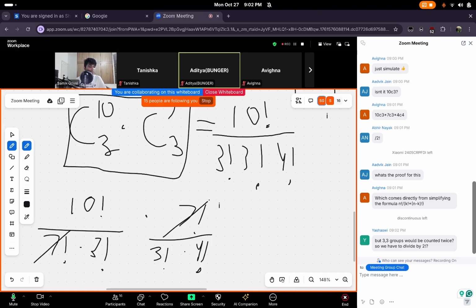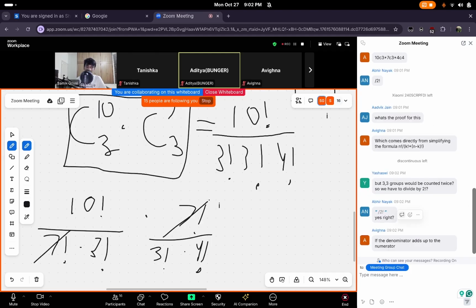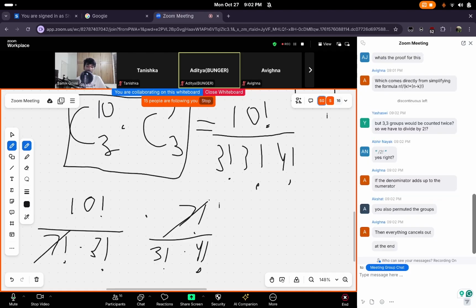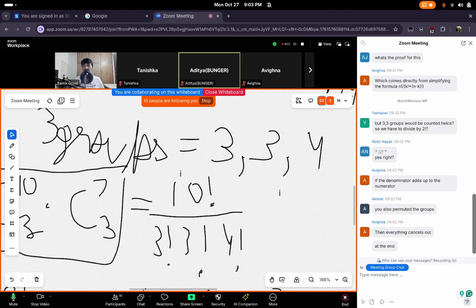But three groups will be quantified twice. Well, what do you mean by that? So I am taking each group to be unique, right? I'm assigning each ball a group number from 1 to 3, so I'm not taking these to be the same groups.